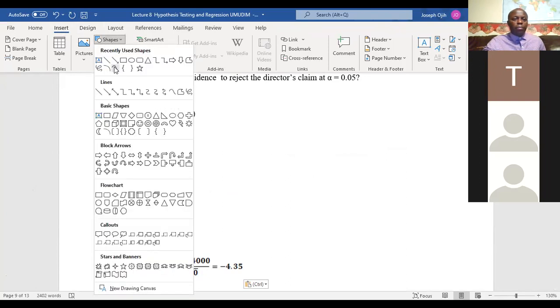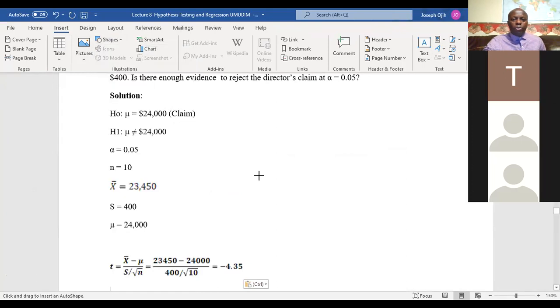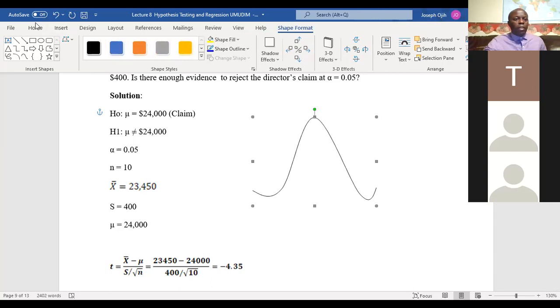Include the shapes, and that will show you the two tails, and then up, and then down. Okay. Now put on this one here.